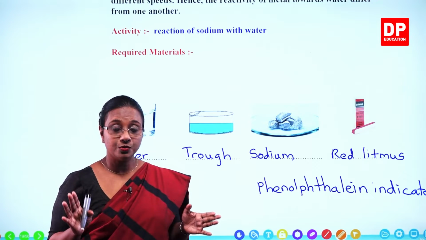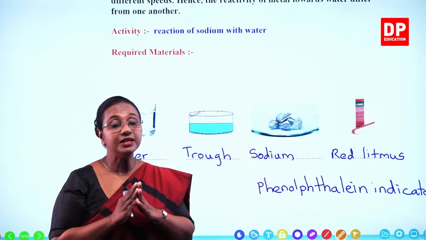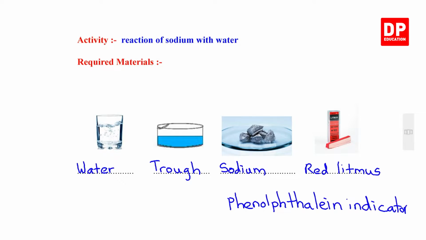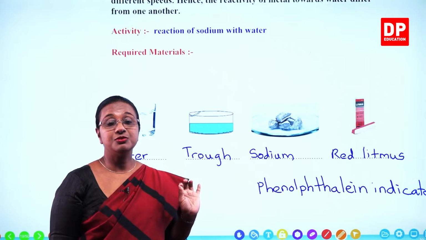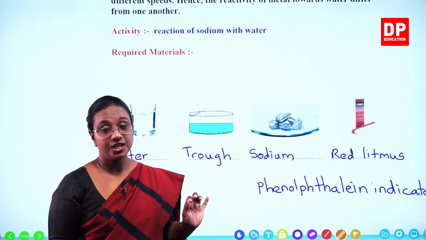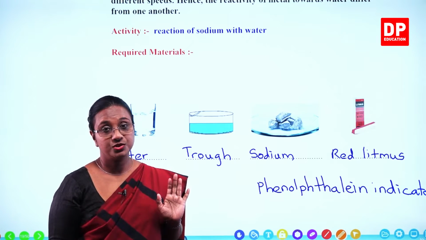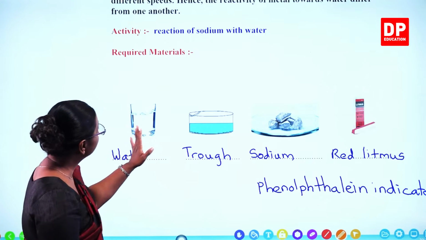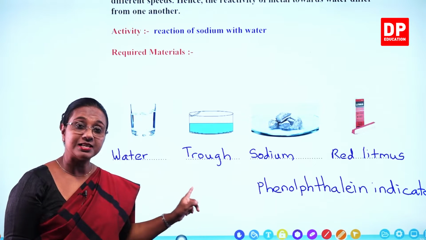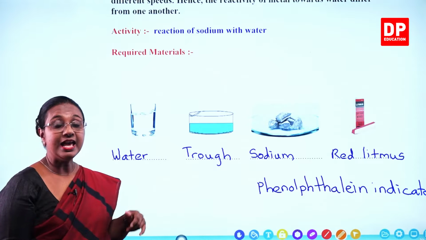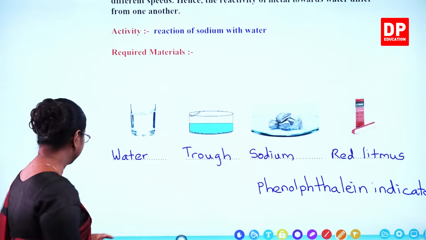Either way is okay. We just need to observe the color change. Then we use the red litmus also to test the solution after the reaction in order to confirm the products that are produced. So then I will move on to the next slide where I discuss the procedure again and then we will do the activity.